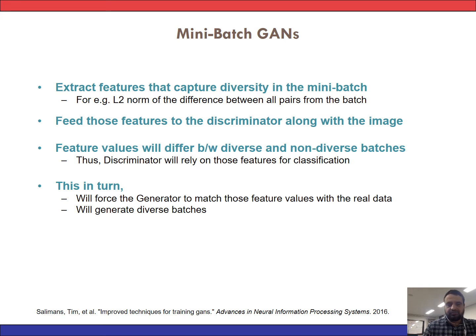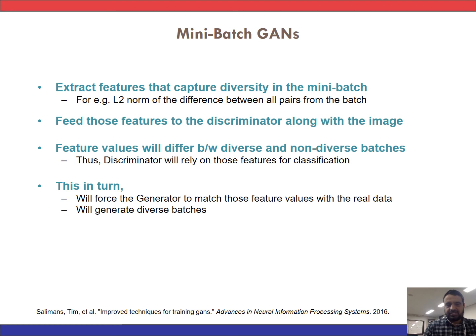Rather than passing each sample to the discriminator, we pass a group of samples to the discriminator that we call a mini batch, and then calculate the L2 distance between all the features inside that mini batch. Once we calculate the L2 distance, we concatenate the difference with the original image and then provide it to the discriminator.